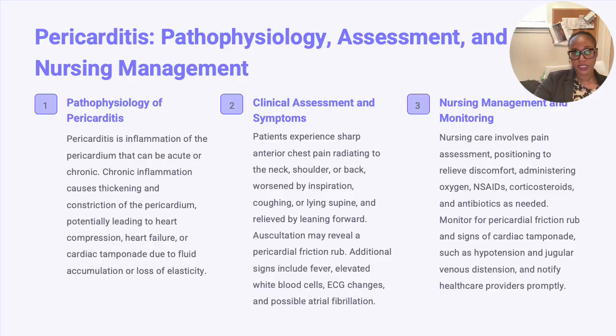We want to auscultate for pericardial friction rub and check the results of blood culture to identify the causative organism. If it is bacterial, we want to administer antibiotics as prescribed. Administer diuretics and digoxin as prescribed to the client with chronic constrictive pericarditis.